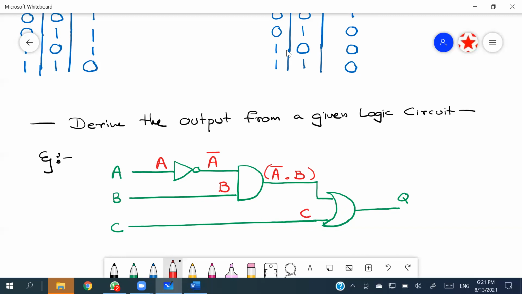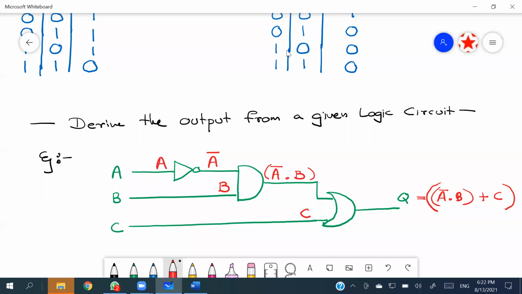So the output is going to give you A bar dot B plus C. You can bracket this, or else you can write it without the brackets.